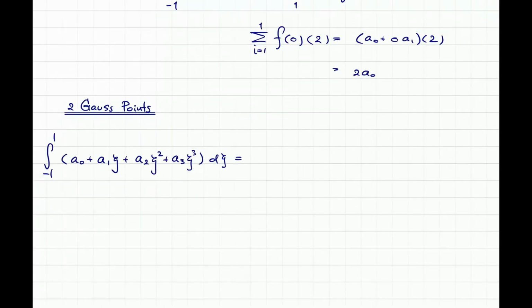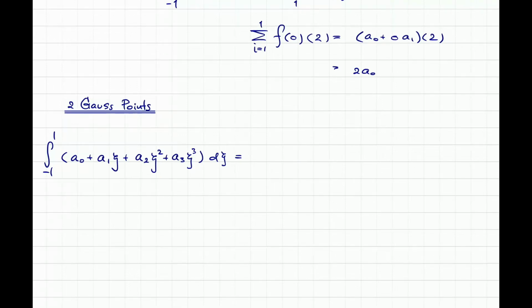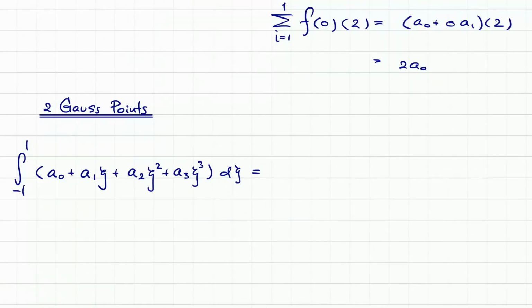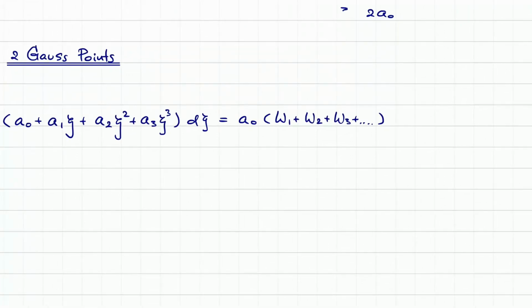That is equal to, on the right hand side, you have a0 multiplied by w1 plus w2. Actually I may not really have to write w3, w4, because you'll be able to accommodate only 2 points, so w3 will just not be included in here.